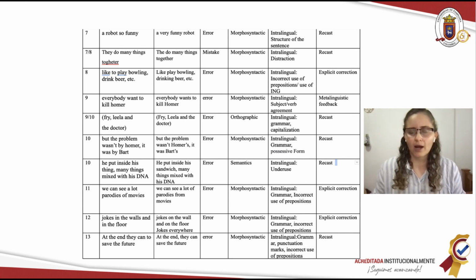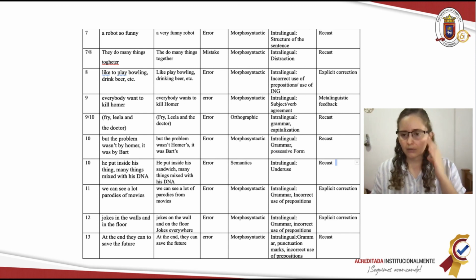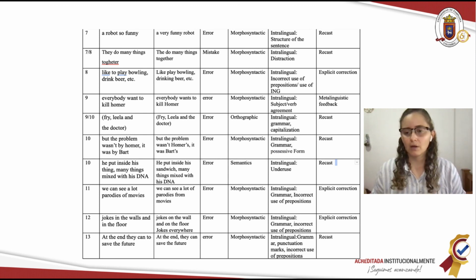I also wanted to add some extra errors. For example, in lines number 9 and 10, he put the names without capital letters. So I said that it was an error and it was orthographic. And it was part of the reformulation about capitalization of proper names.